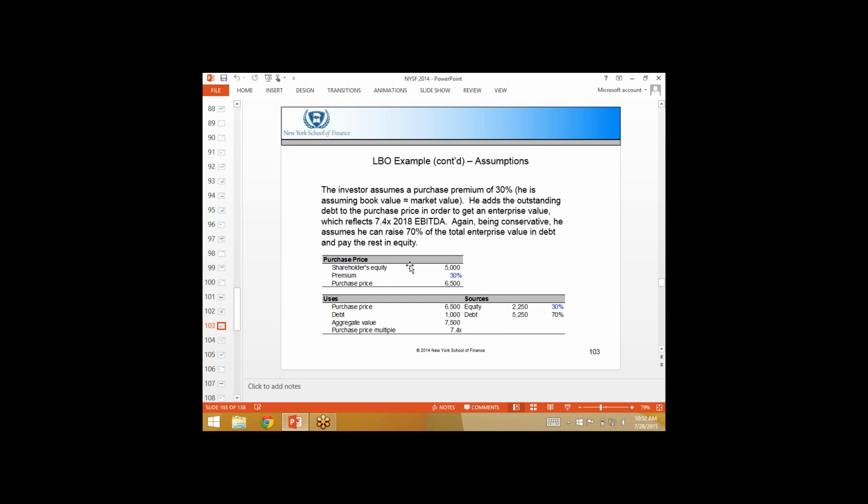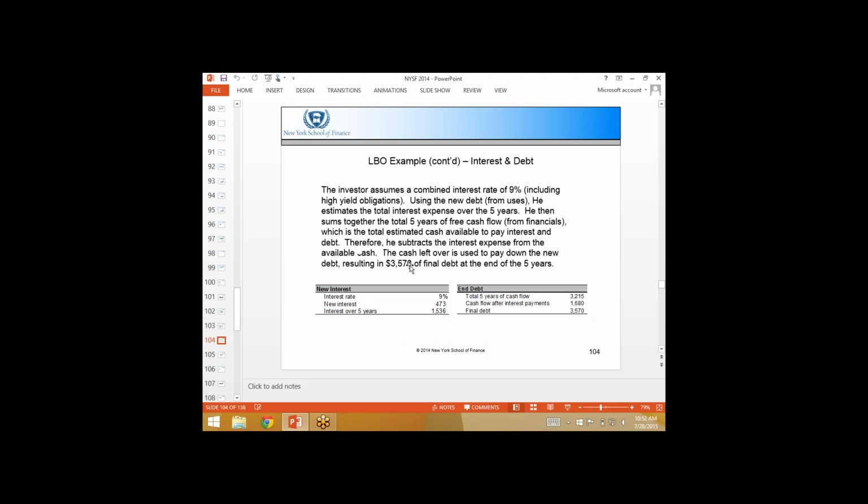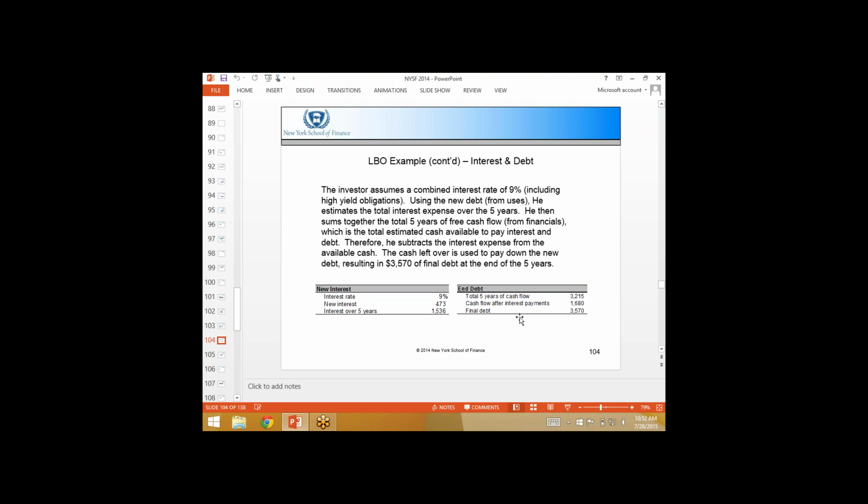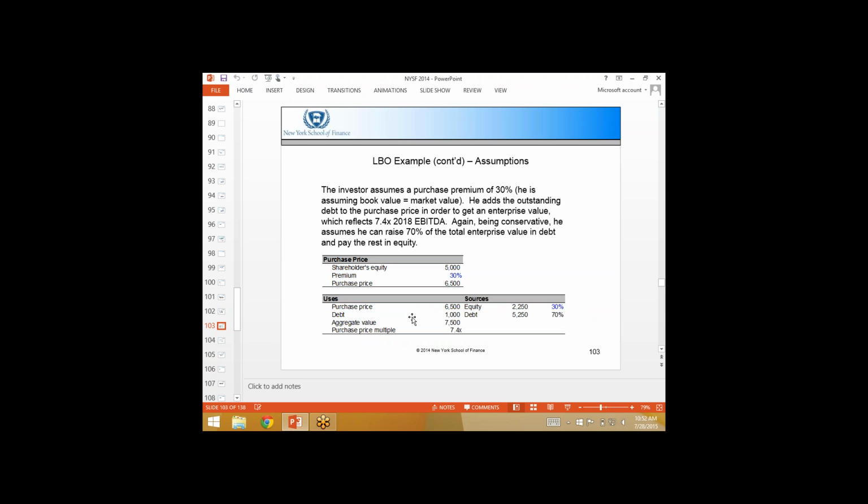So I calculated interest first. I assumed that there was a blended rate of 9%. So I took 9% times the debt raised, which is 5250, times 1 minus tax rate, times 5 years. I'm assuming 5-year model. That's 1536 in interest. So I got debt of 5250, beginning debt, plus interest rate, which is 9% times 1 minus 35%, times 5 years.